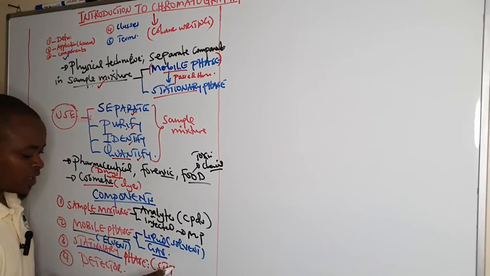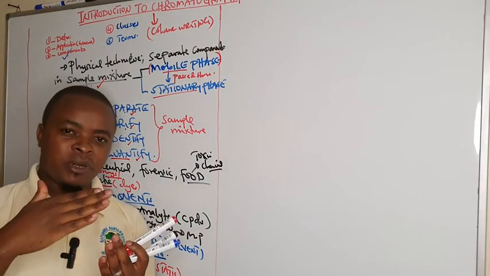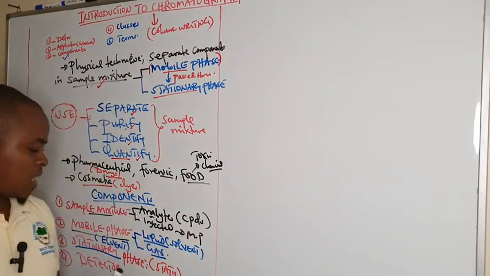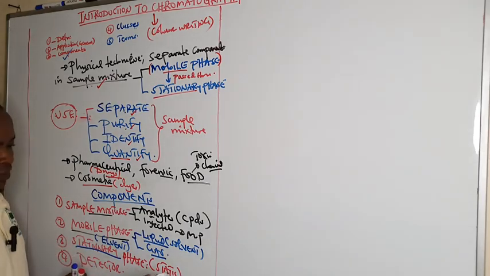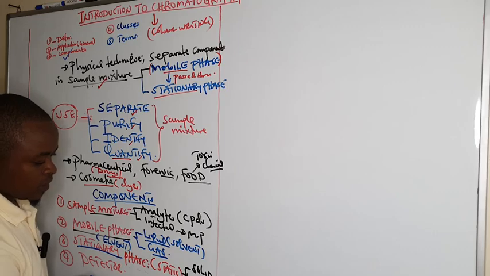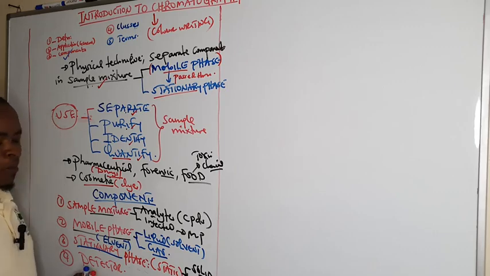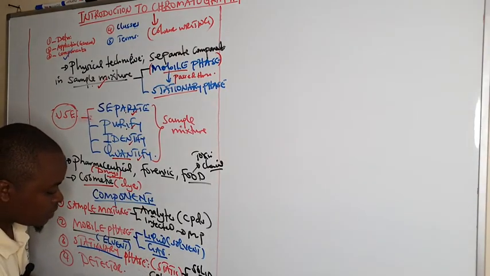So meaning this phase does not move. It is stationary, or it is placed in one place without moving. And this stationary phase contains substances which can be either solid or liquid. And these substances are always immobilized in what we call a column.